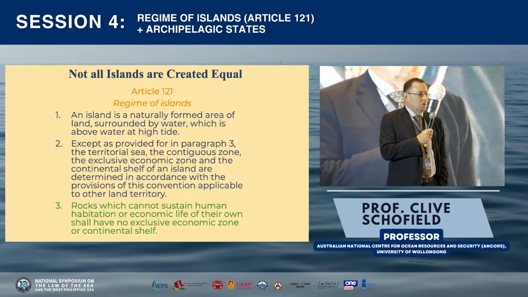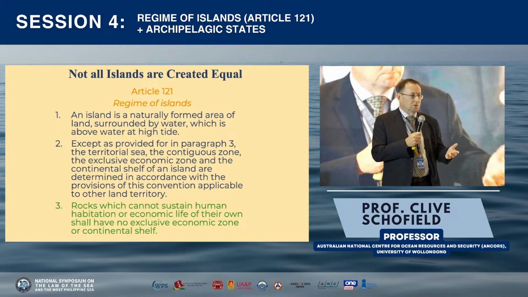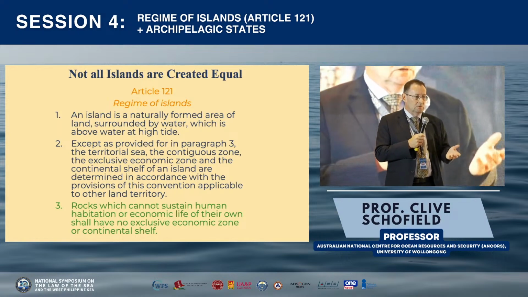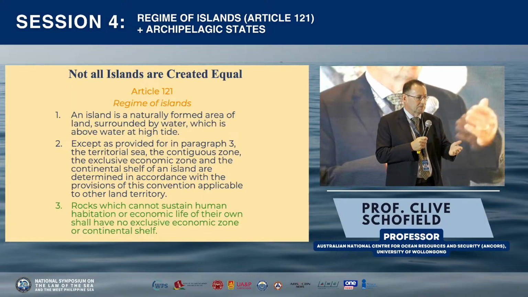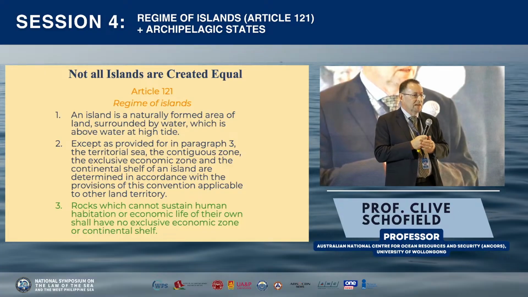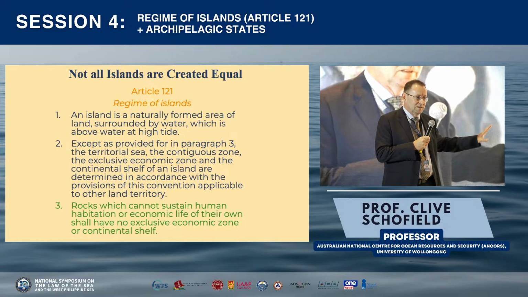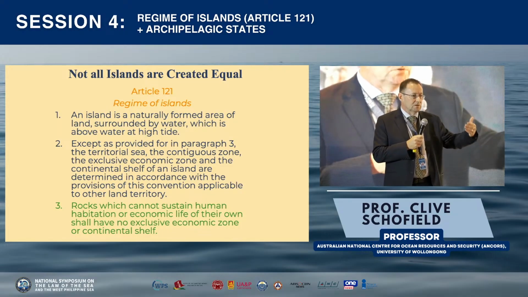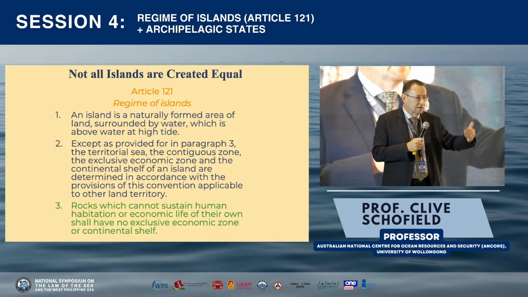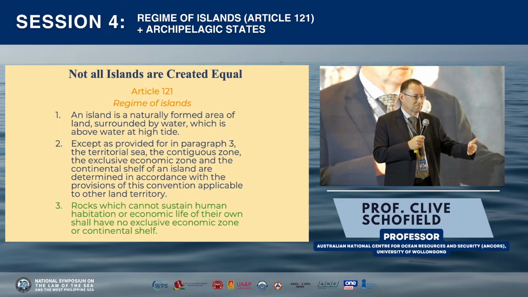Now, every time you see an ambiguity or an uncertainty in the Law of the Sea Convention, you tend to know that there was a fight in the drafting of that provision. Here, essentially it's an even worse tale, because this text was actually produced in 1975 as the text for the basis of the negotiation.